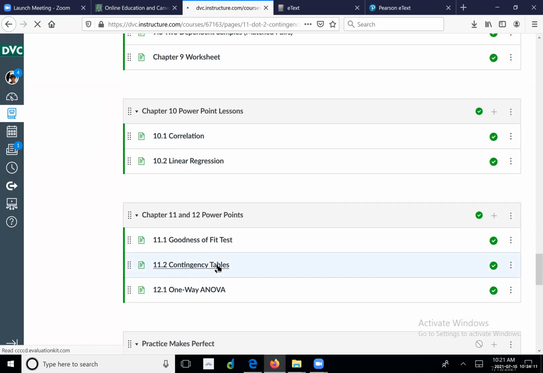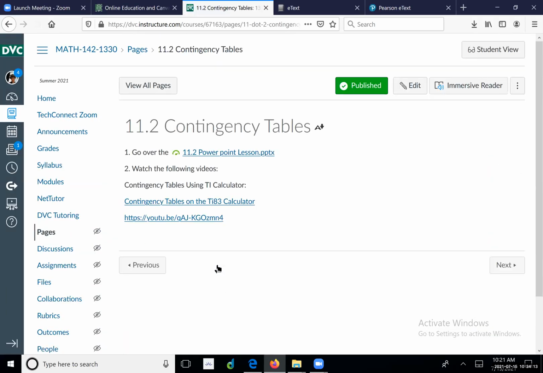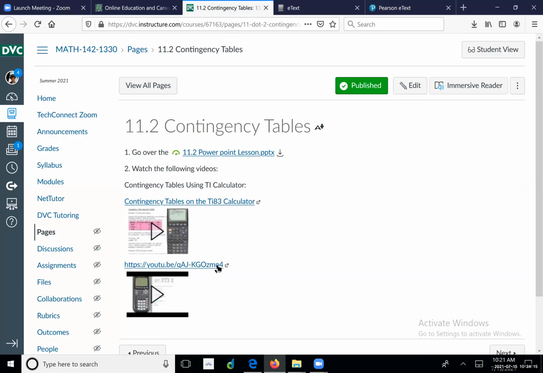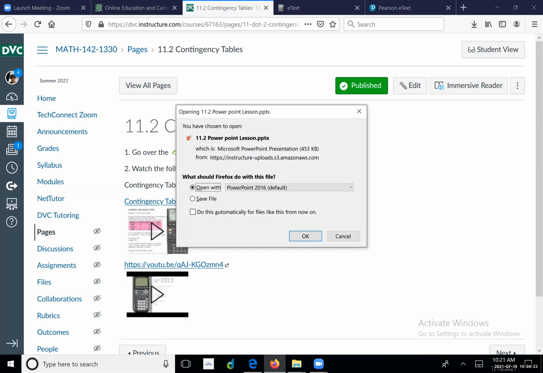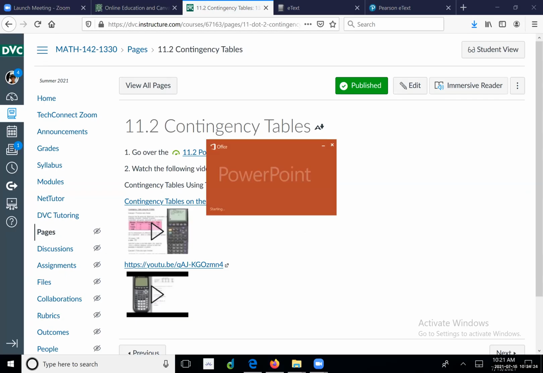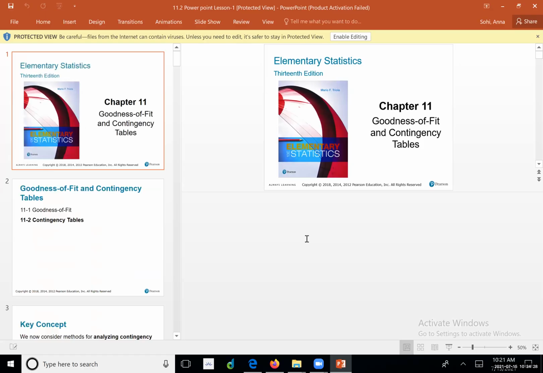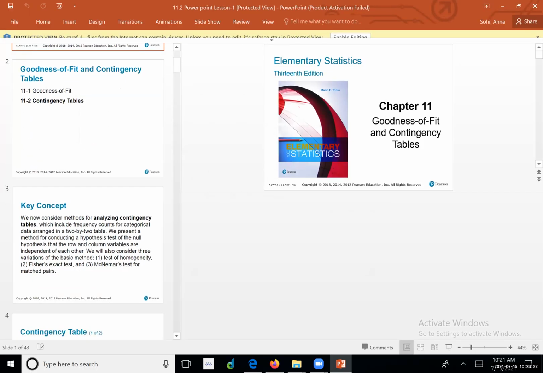That's contingency table. I put 2 videos here for you to observe. Everyone has the calculator command for this one. The idea is very close to what we had done with the previous one.